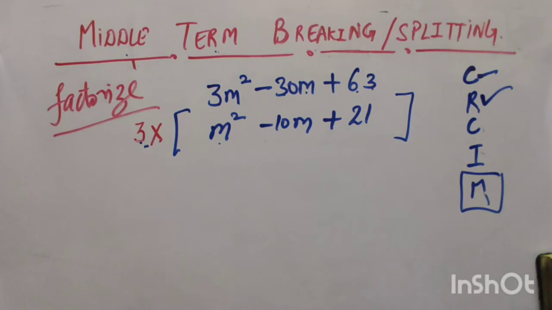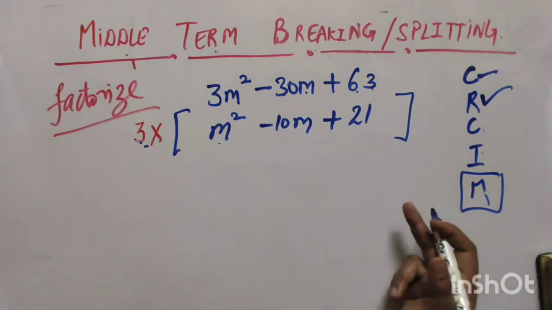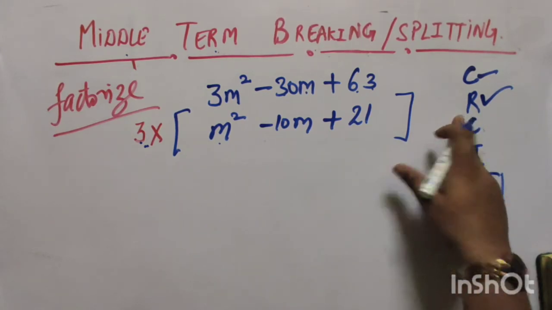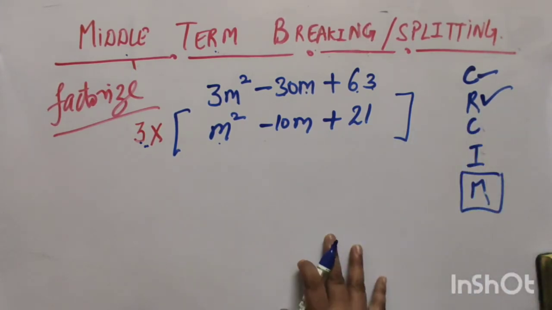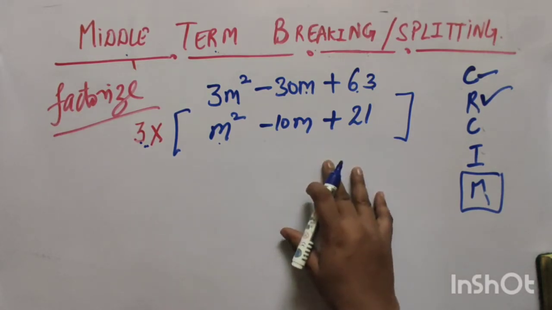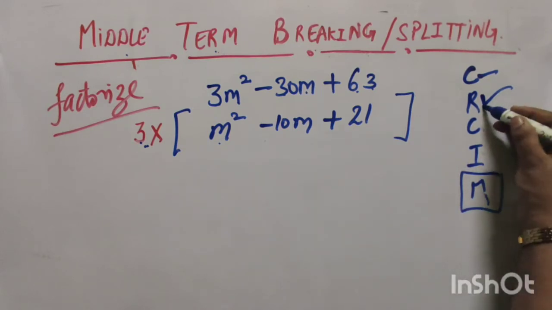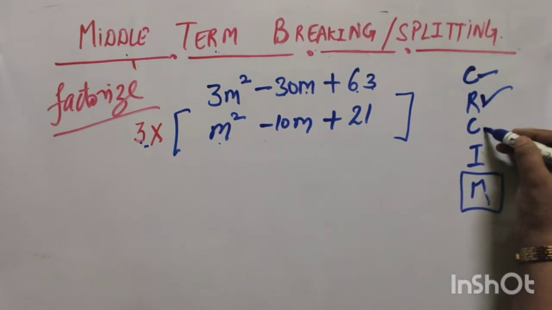Already in many questions we have observed that whenever there are 3 terms, it would be difficult to arrange the terms into a regroup. So here also the grouping will not work out. So we are going to leave step number 2 and step number 3 as well.